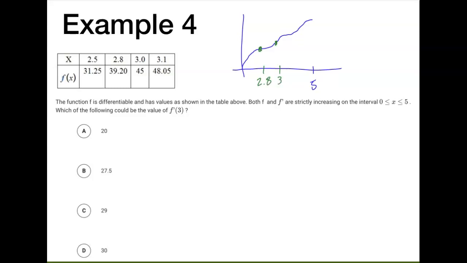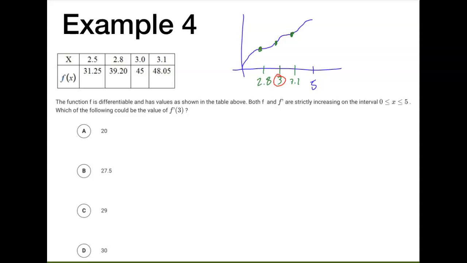And we know what's going on at 3.1. So normally when we were trying to estimate a slope at a specific point, we weren't given the actual point that we were trying to estimate. And so what we did was just find the slope between the 2 closest points, right? But in this case, we are given the point at which we're trying to estimate the slope.